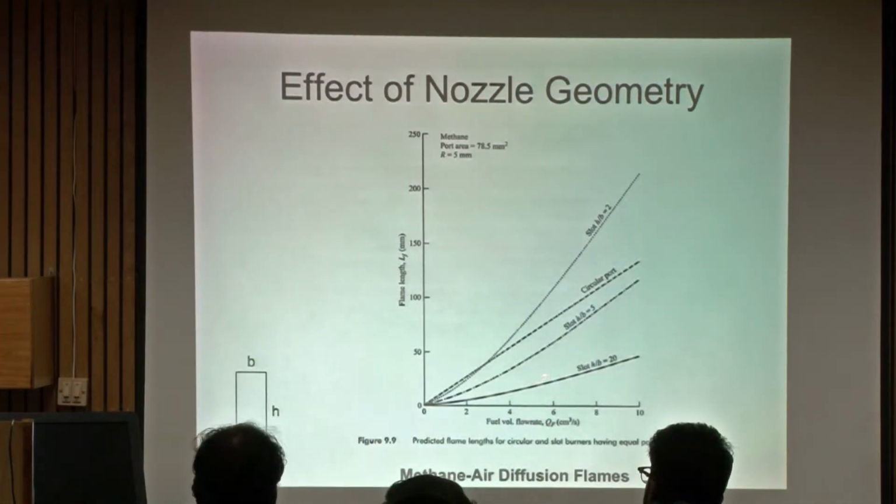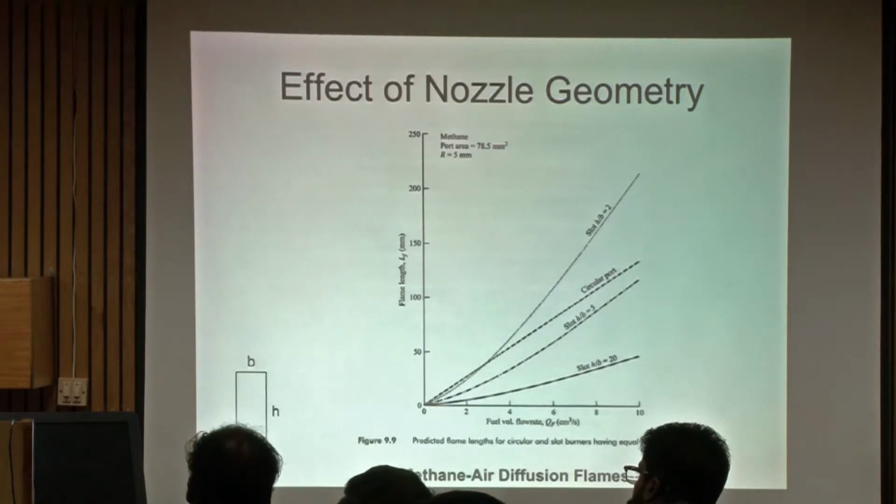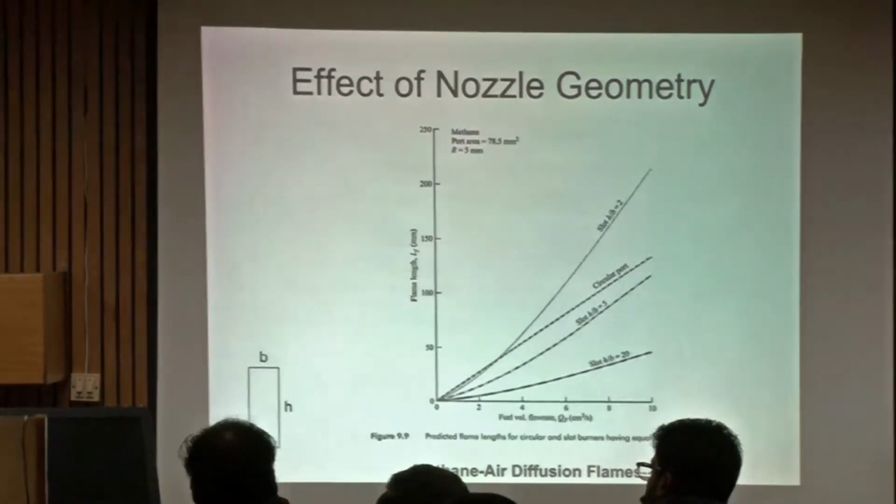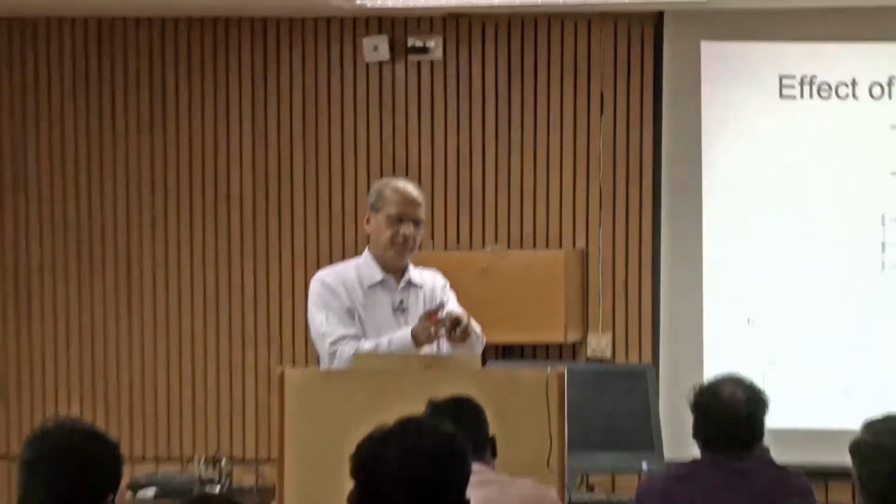And then they have other shapes. So, slot burner means you have a rectangular burner, a rectangular jet like this. This is H, and the distance between the plates is B.